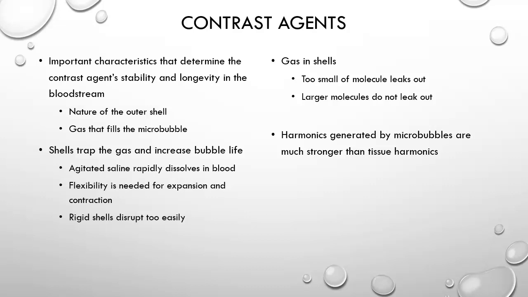If the gas in the shells is too small of an atom, then the molecule will leak out through the shell. If it's a larger molecule, then it can't leak out. And summarizing contrast agents, harmonics are generated by microbubbles, much more so than by regular tissue harmonics.